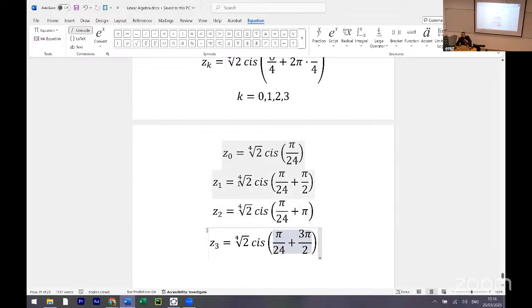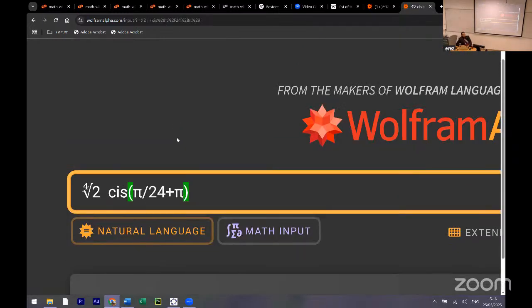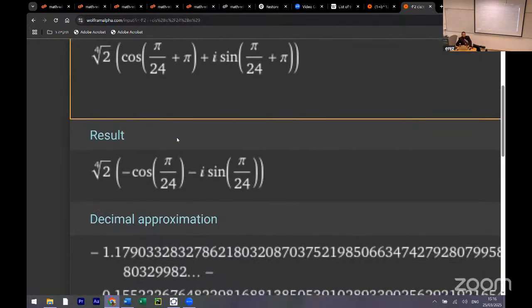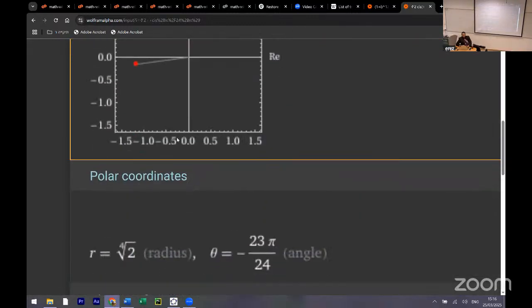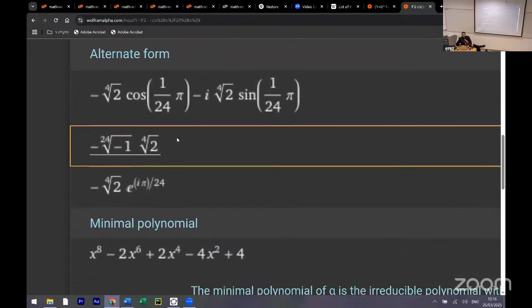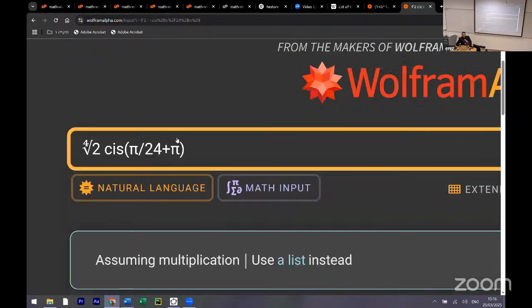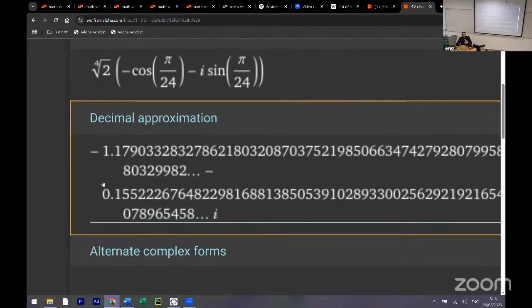And let's use Wolfram Alpha to verify one of them. Let's just take, for the sake of our argument, Z2. So I use Wolfram to convert it to its algebraic form. Not particularly nice. I don't see any easy way to write it.